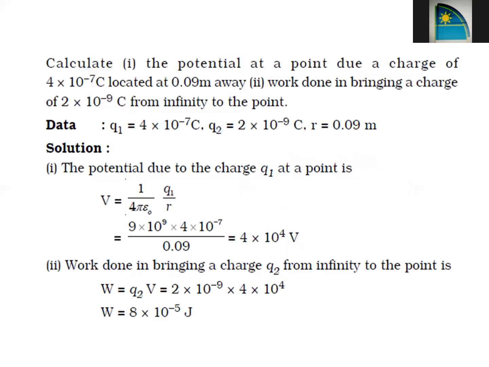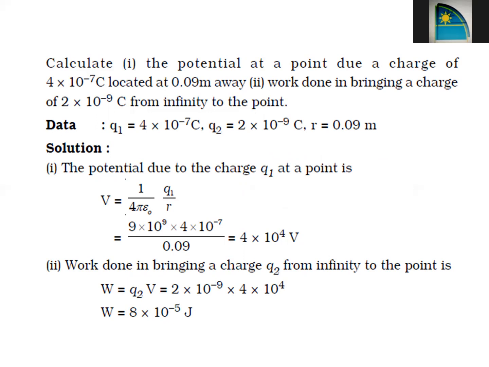This is the simplest type of numerical problem. Since this is the start of the numerical problems, in this question we just have to calculate the value of potential due to a charge, and also find the work done in bringing another charge from infinity to some distance from the existing charge.